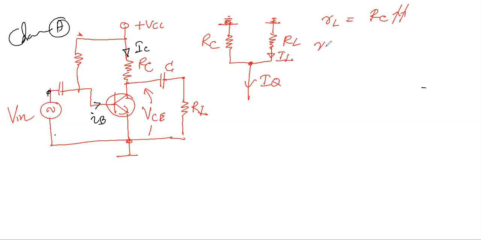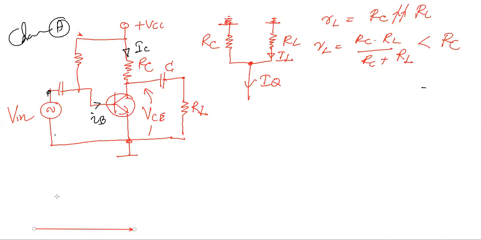You can compute the AC load line RL equal RC times RL divided by RC plus RL. So this one is smaller compared with the RC value. So if you draw the load line for the DC, you will get this type of load line for the DC.